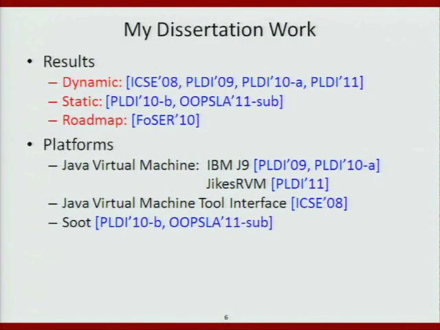All right, so our techniques were implemented on a variety of different platforms. For example, the dynamic analysis was implemented on J9, which is the commercial JVM of IBM, Jikes RVM, which is the open source JVM written in Java, and also used JVMTI, which is the general tool interface supported by all JVMs. The dynamic analysis can be used to generate online bloat warnings during the execution of the program.